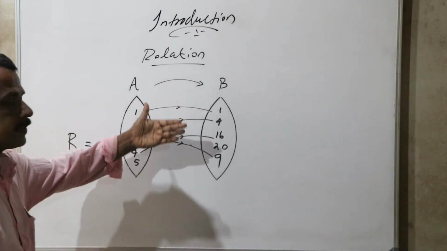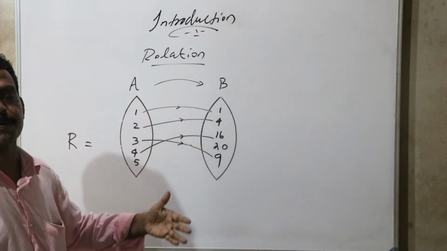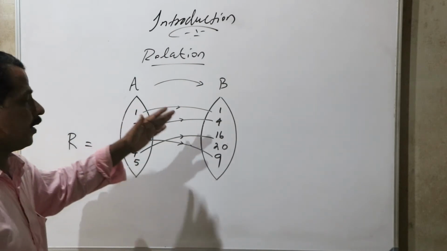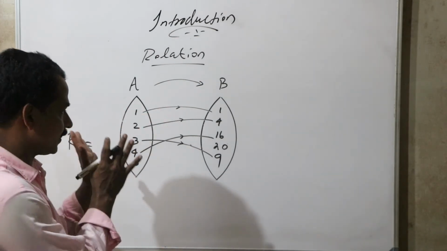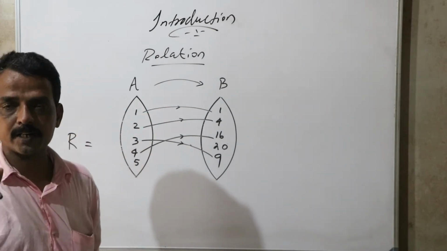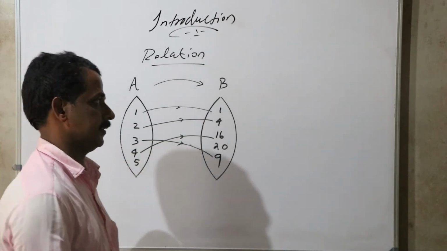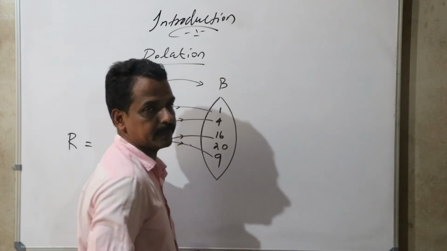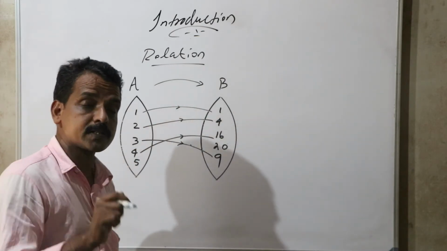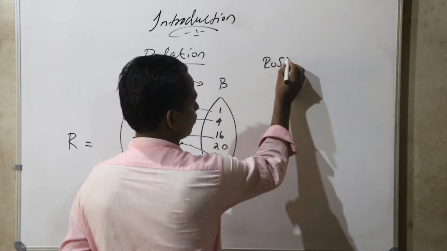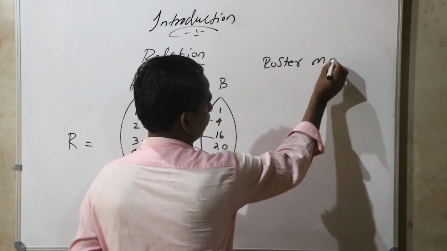Okay. This relation is the representation of arrow diagram. We can represent such a relation in set builder method or roster method. What is the roster method?